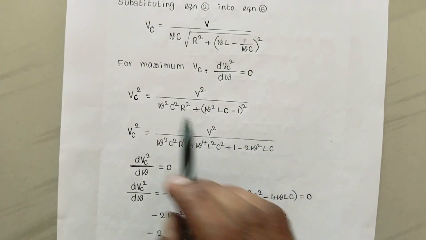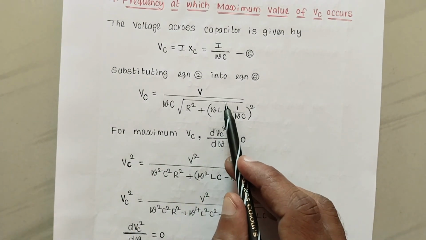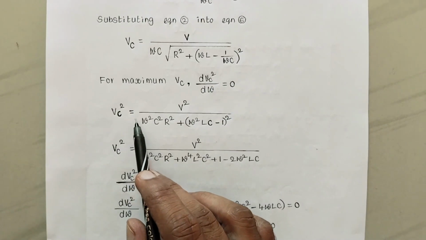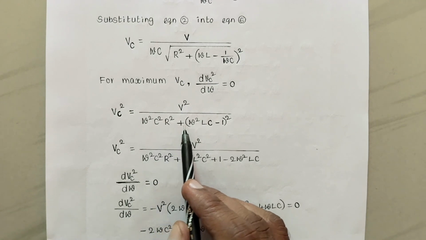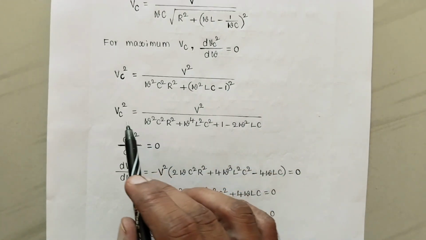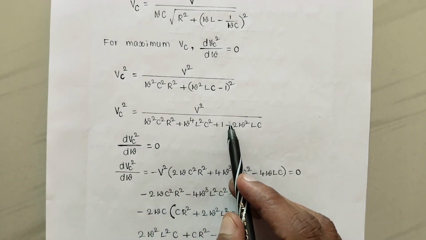So first we have to get the expression for Vc square. Squaring on both sides, Vc square is equal to V square by omega square C square into (R square plus (omega square LC minus 1) whole square). So if we simplify, we get this mathematical expression for Vc square.